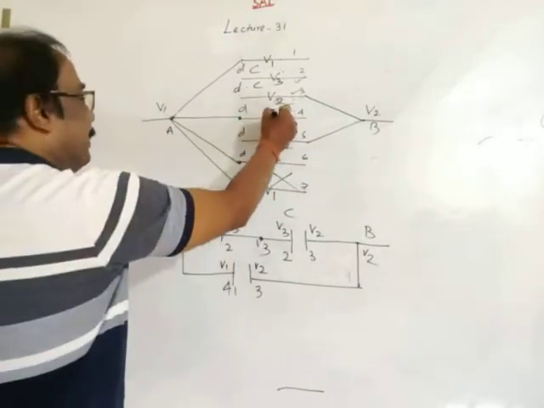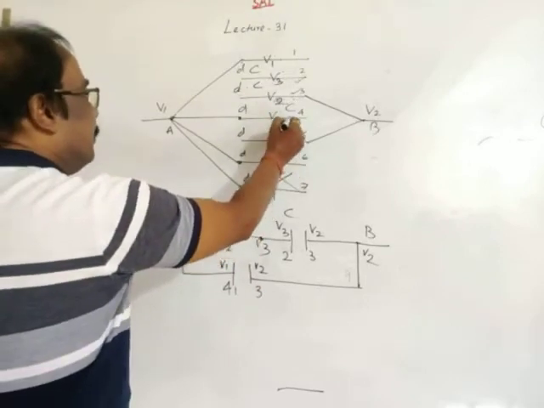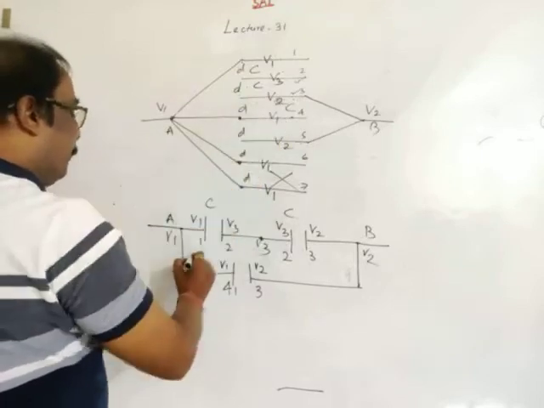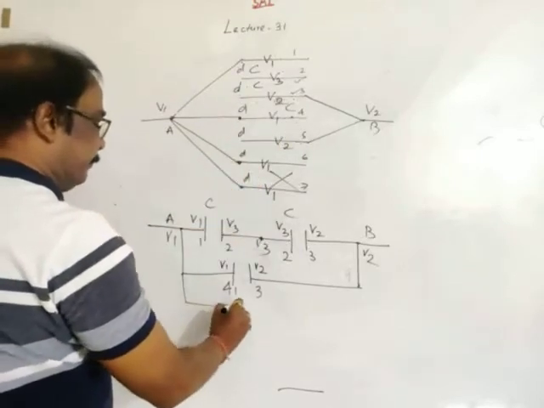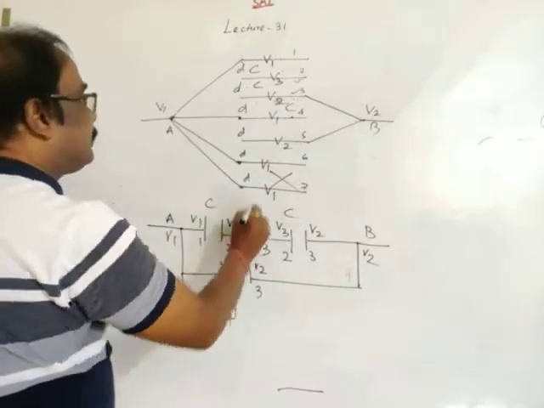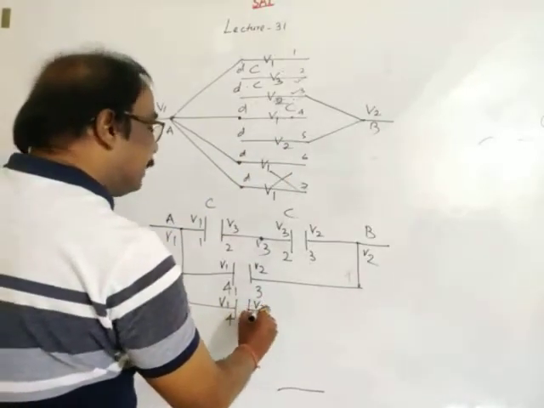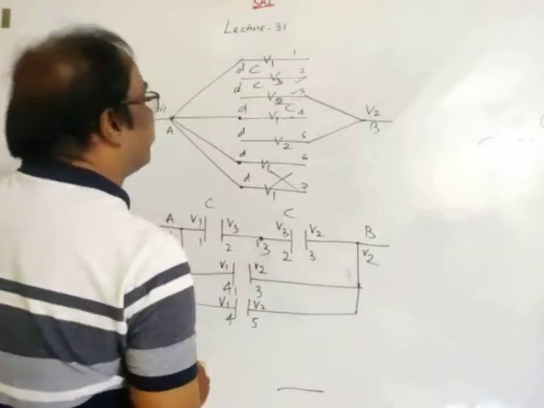Okay. Then we have taken it. Then about this capacitor, plate 4 and plate 5, again plate 4 is at potential V1, plate 5 is at potential V2 connected to B. Okay.